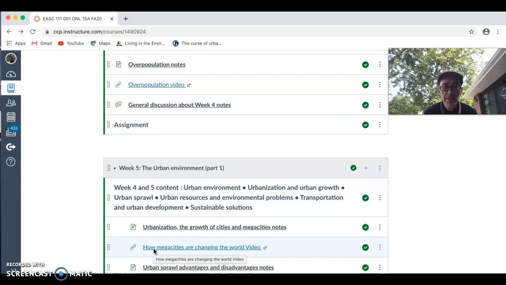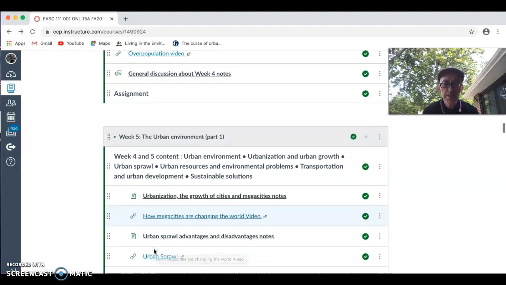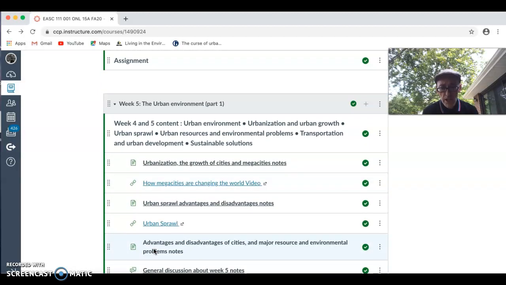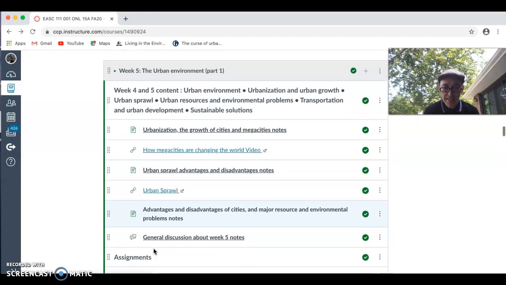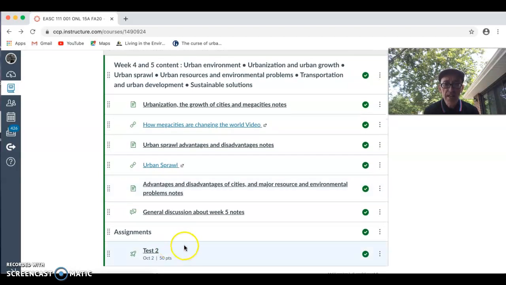It talks about urbanization and the growth of cities, but also it'll start to talk about the problems of cities, the environmental problems. So we're going to start to move away from population and more into some of the environmental problems that are faced. We're going to look at urban sprawl. Also, the advantages and disadvantages of cities. And then we get up to test 2.